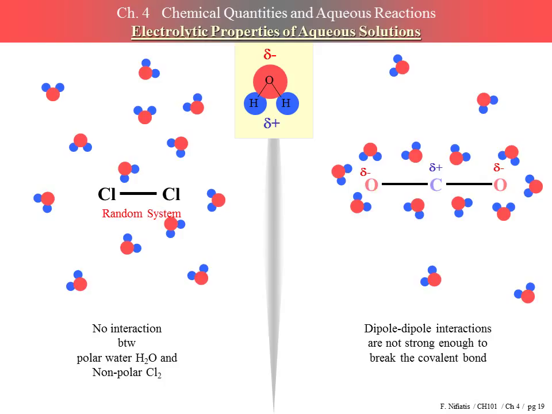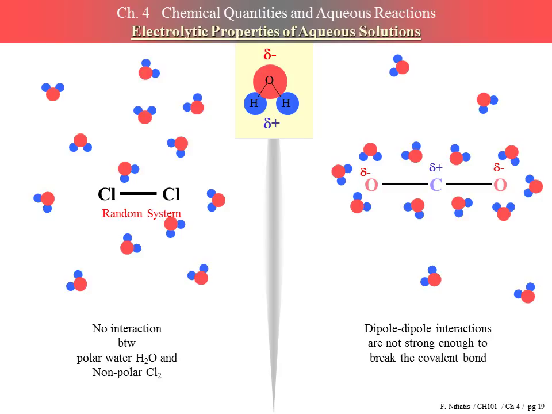In the case of carbon dioxide it's a little different. The water's delta plus is going to interact with the oxygen's delta minus. So the oxygen of the carbon dioxide will be surrounded by the hydrogens of the water, the same at the other side here, while the carbon, which has the delta plus, will be surrounded by the oxygens, the delta minus, of the water.